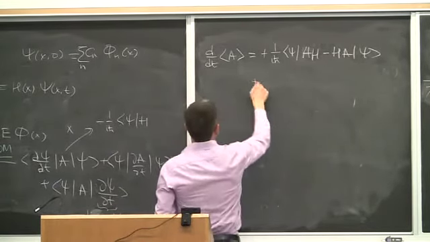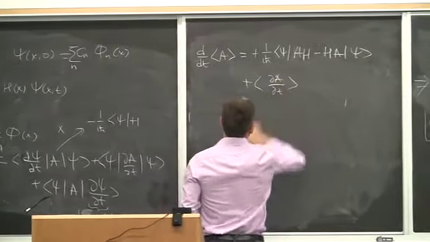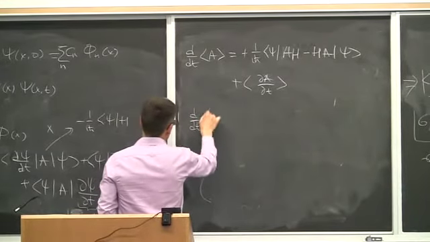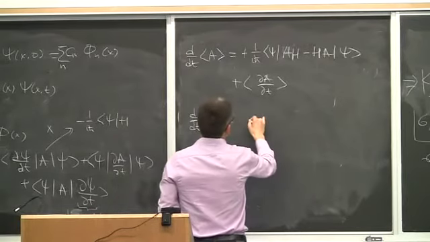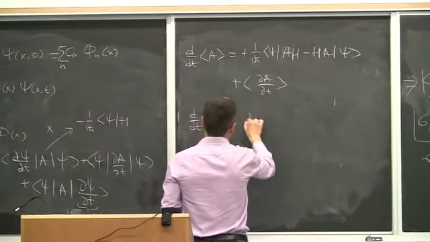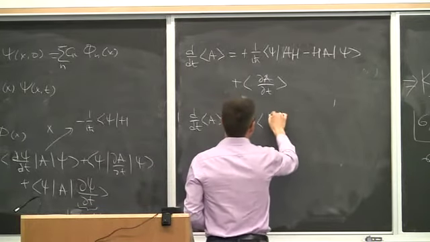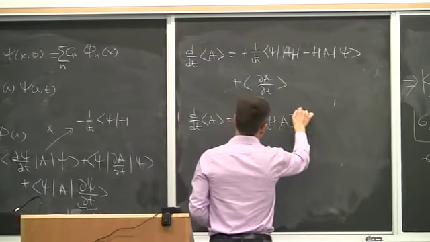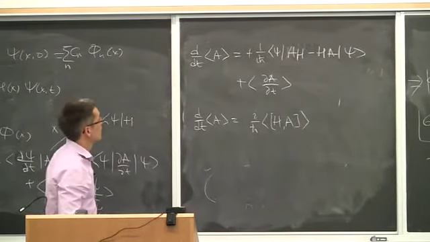And then plus dA dt. So then d over dt of the average equals, if we do i h bar, then this goes back to the commutator of H and A, plus the partial.